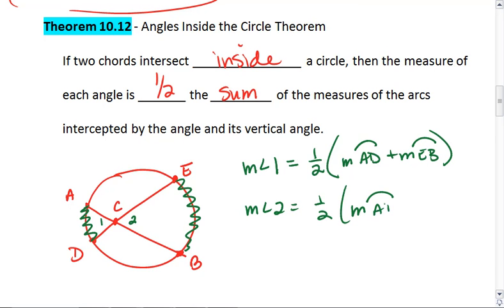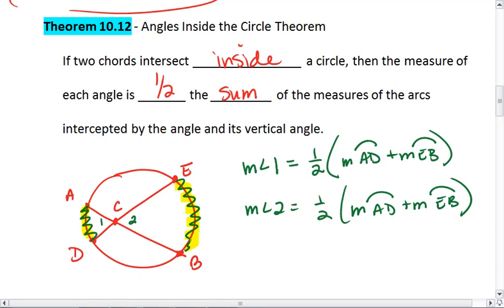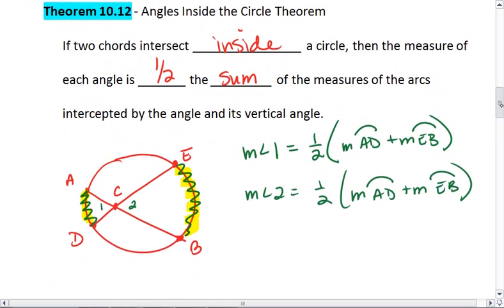Measure of arc AD plus the measure of arc EB. So our two intercepted arcs, we add them together and then divide by 2 to find the measures of our angles. That's for angles that are inside the circle.